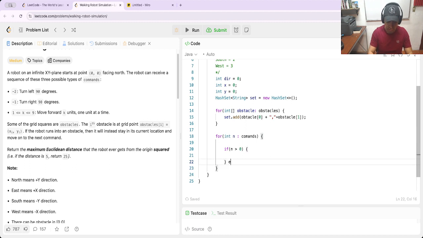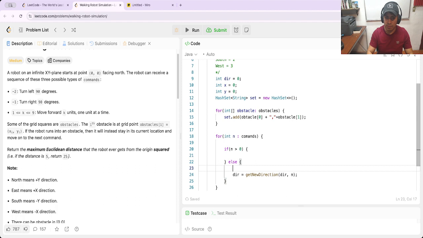Yeah, else means that is a change of direction. In this case, for example, let's do turn left. Here I need to update dir. It's equal get new direction and pass the dir and n.